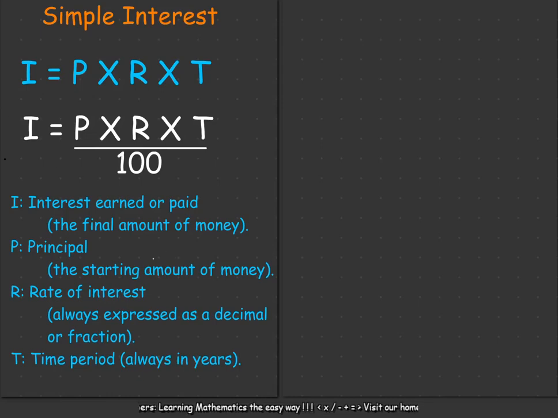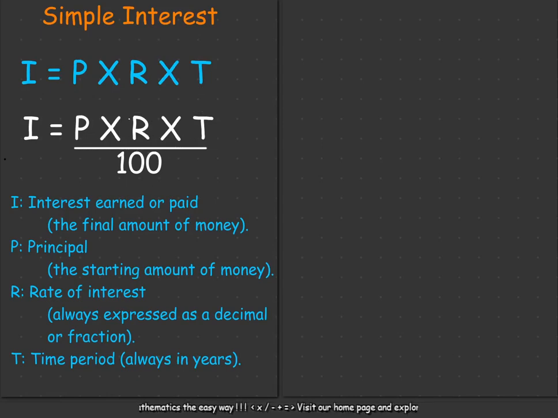What you see on your screen is the basic formula that relates simple interest to other parameters. It says I is equal to P times R times T. It can also be written as I is equal to P times R times T all over 100.